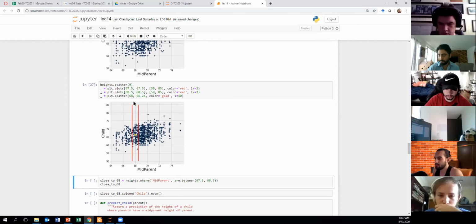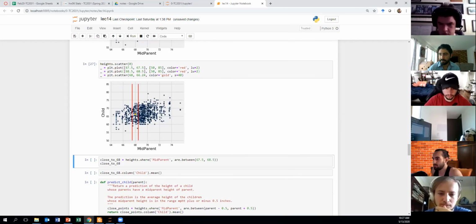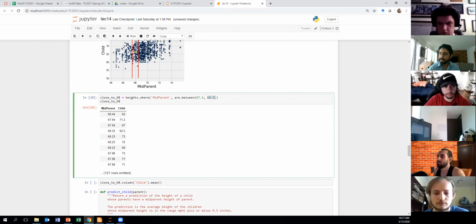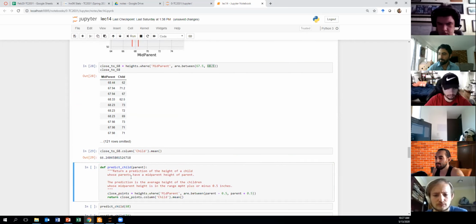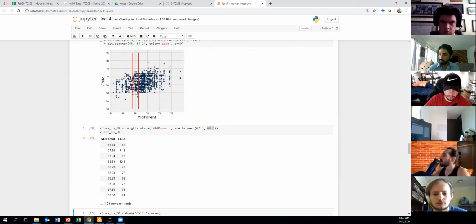I'm gathering all those points falling between these two values. So these are all the data points between 67.5 and 68.5 for my mid-parents. I get the child heights, and if I get the mean, it is 66.2. So the yellow dot is that point, 66.2, the average of all those mid-parents for my child.